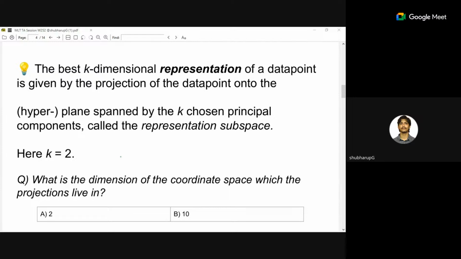So the original location was 3D. It had 3 coordinates. The new location is also in 3D. I've projected it onto a 2D surface, but that 2D surface lives in a 3D setting. So the projection also has 3 coordinates.